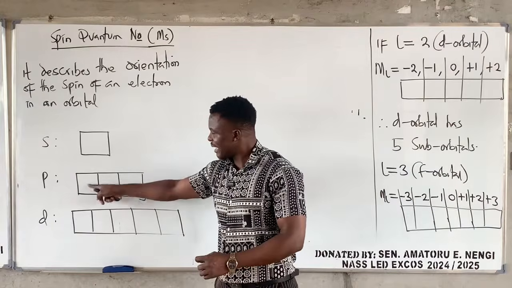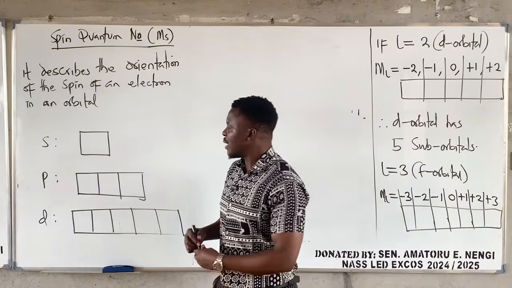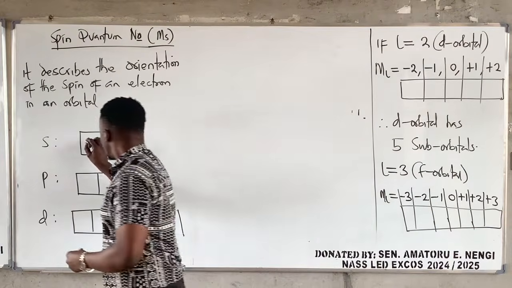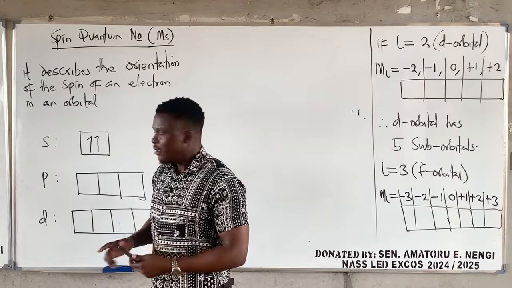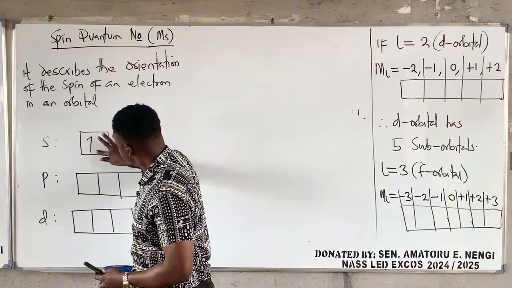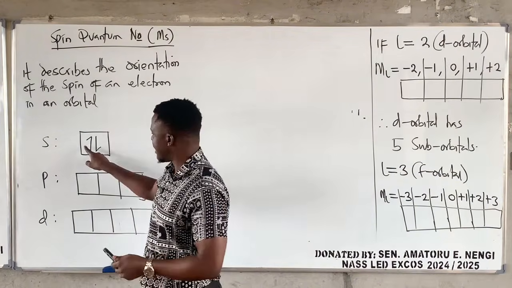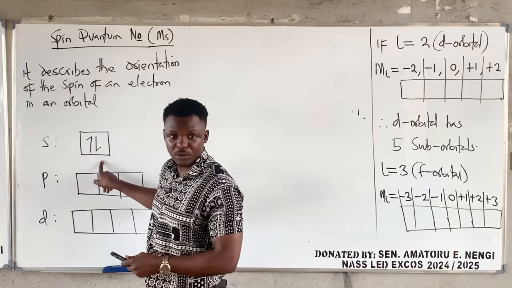And each box can take a maximum of 2 electrons. And those 2 electrons, their spin must be in opposite directions. You cannot have this like this. This is wrong. When an electron is spinning up, then the next one should spin what? The first electron that enters the orbital has to go up. And the next one has to do what?